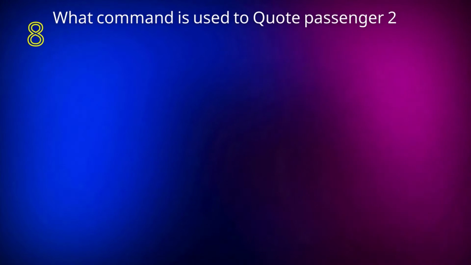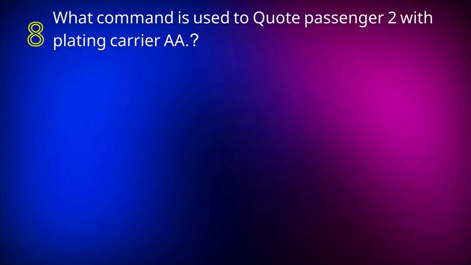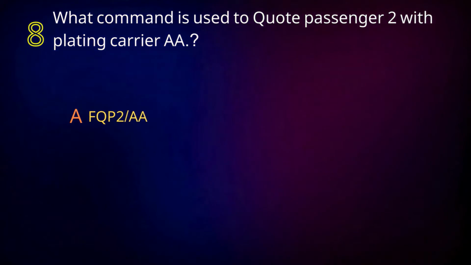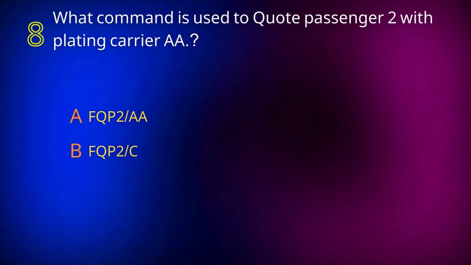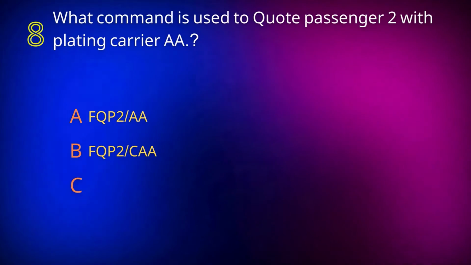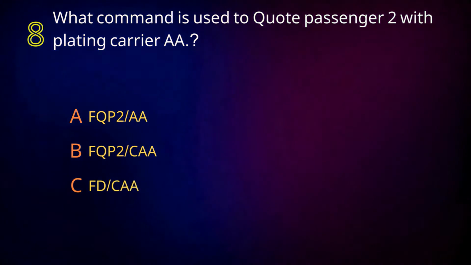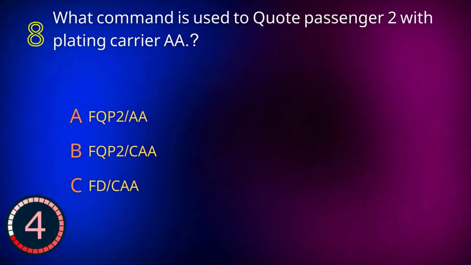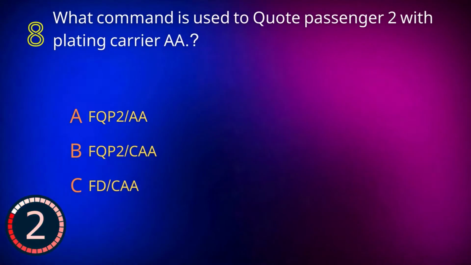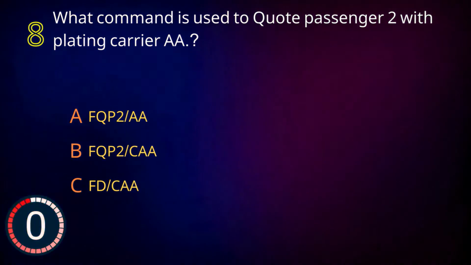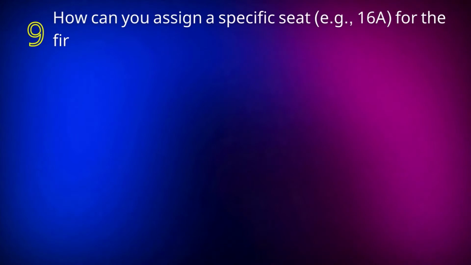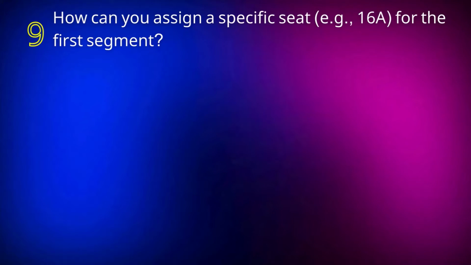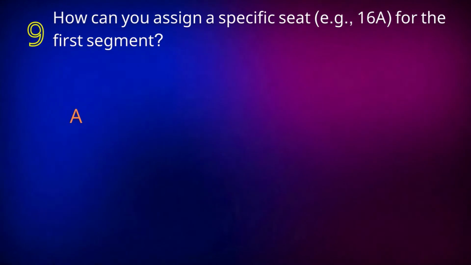What command is used to quote passenger 2 with plating carrier is American Airlines? How can you assign a specific seat, for example, 16A for the first segment?